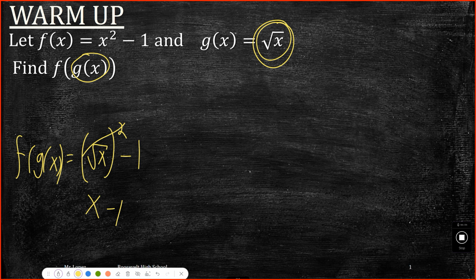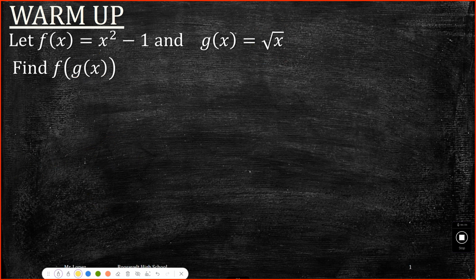All right. So in the way I teach it, I teach it in terms of a machine. This f is the outer function, the machine, and it's going to eat g.